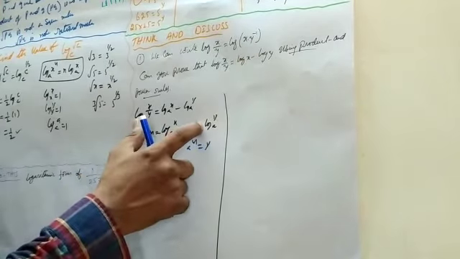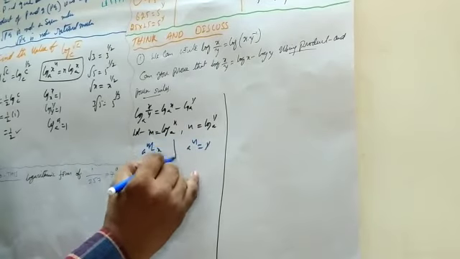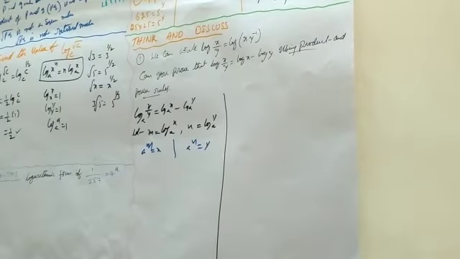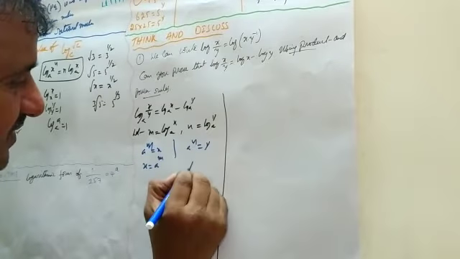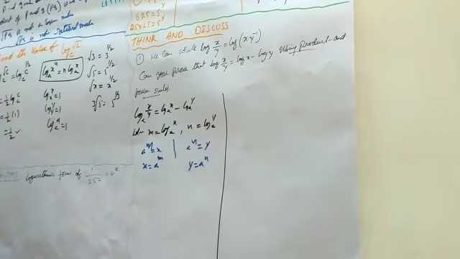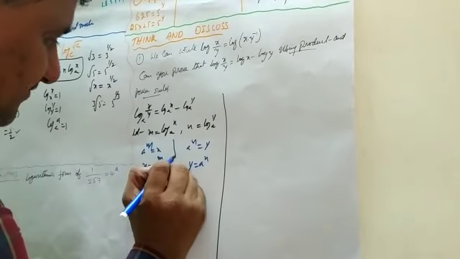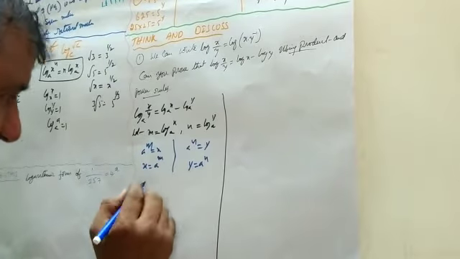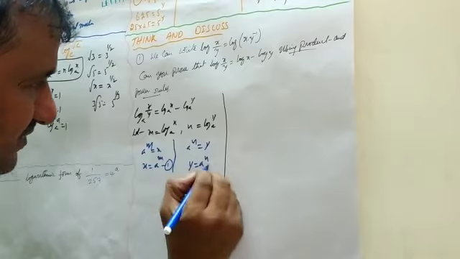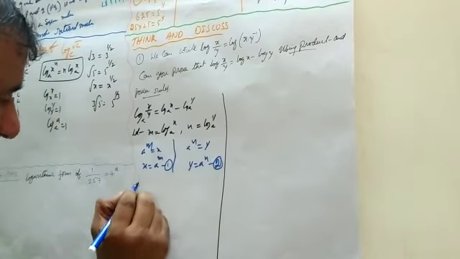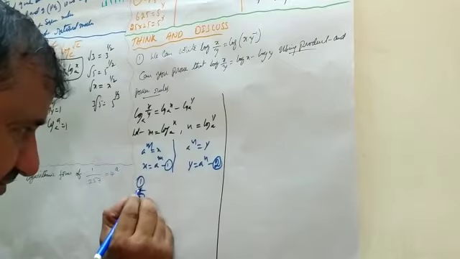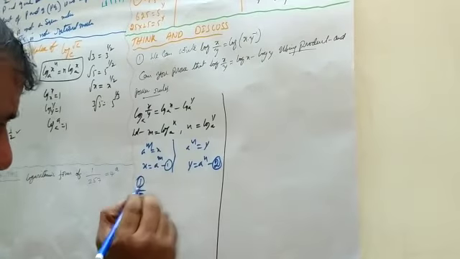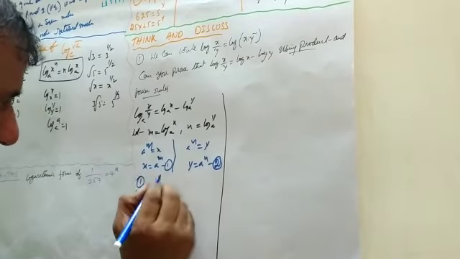So x is equal to a power m, and y is equal to a power n. This is equation number 1, this is equation number 2. That means equation number 1 divided by equation number 2 is equal to, what is the equation number 1?